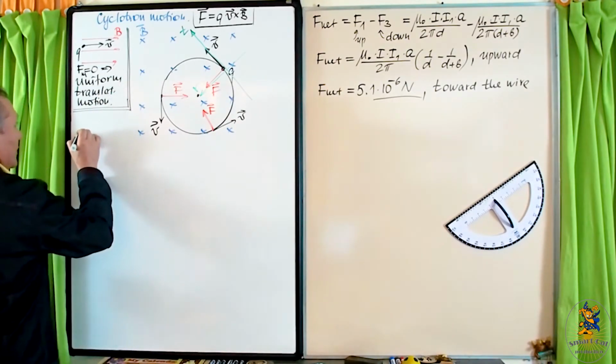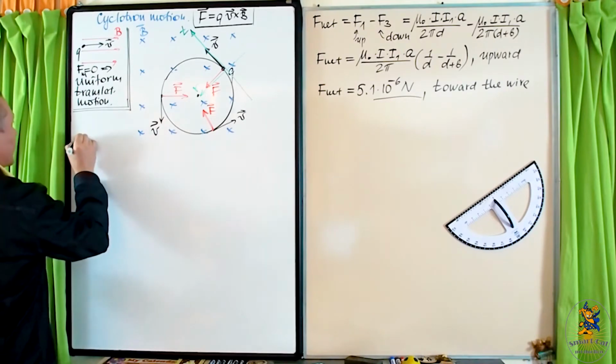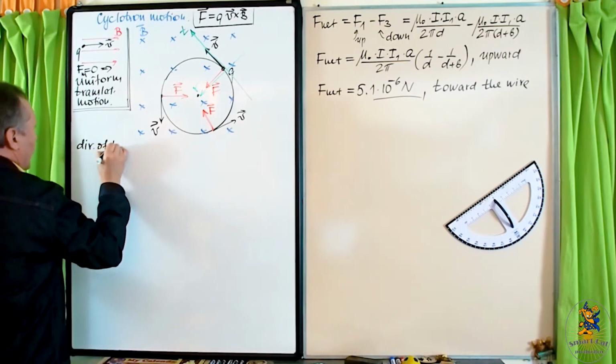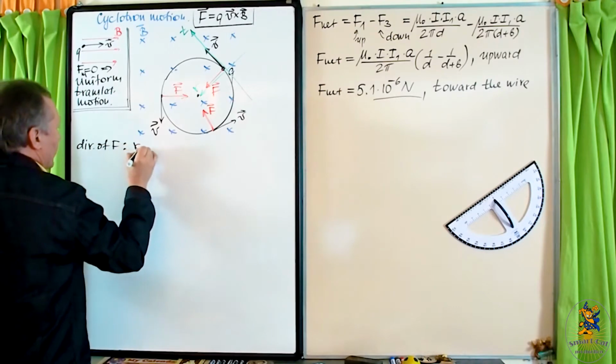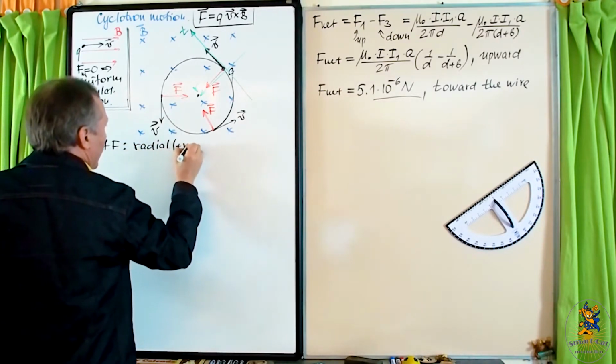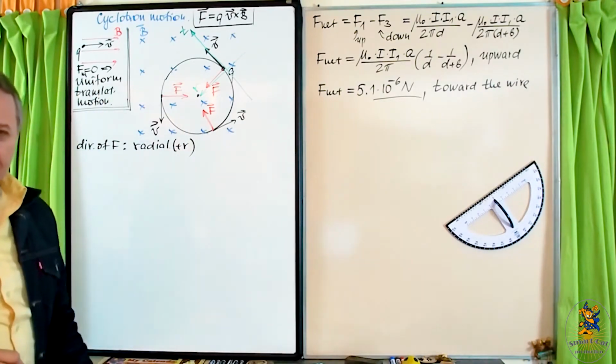So the direction of F is radial, in the plus R direction.